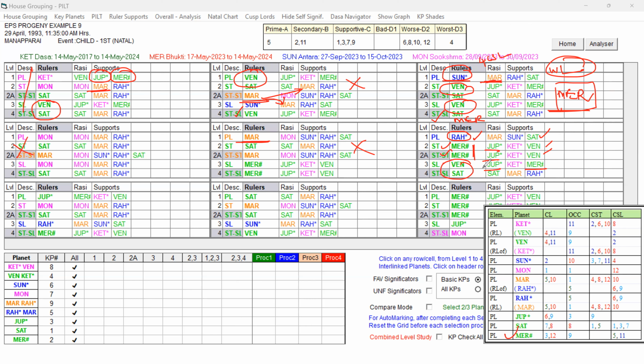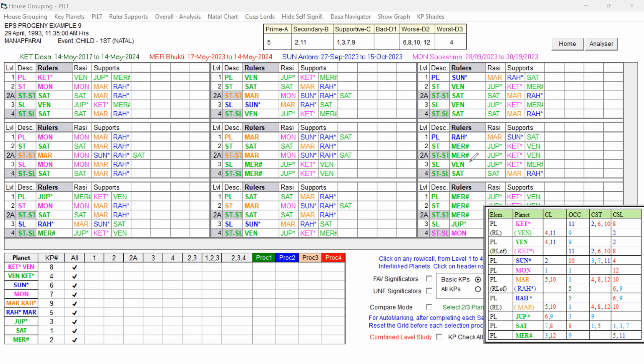So now the comparison should be between Ketu Dasa, Sun Bhukti or Rahu Bhukti. If you look at the rulers of Sun and Rahu, both have Venus and Saturn repeated, and Mercury is the sub-sublord for the Sun. But here Rahu is in the star and sub-sub level of Mercury itself, which is far better than Venus.